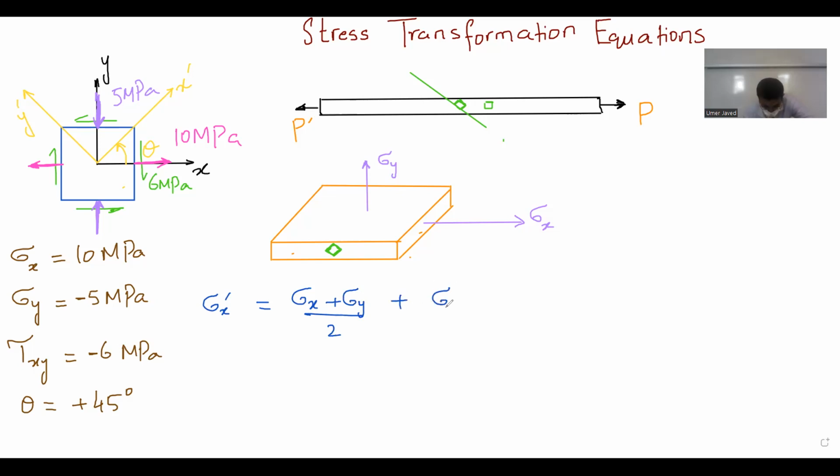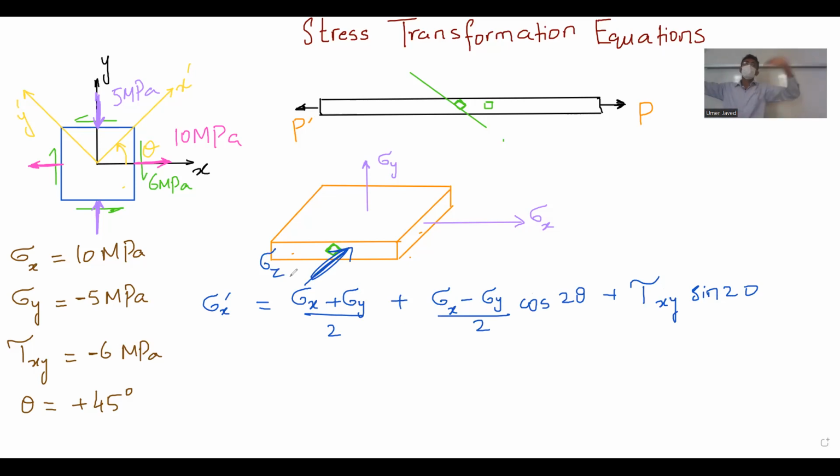And again, I will emphasize that these are 2-dimensional equations, because students can immediately ask me a simple question. What if I am also putting a force in the Z direction? Are you getting my point or not? Just imagine if I put a load in the Z direction, let's say this is stress Z, immediately this equation raises its hand.